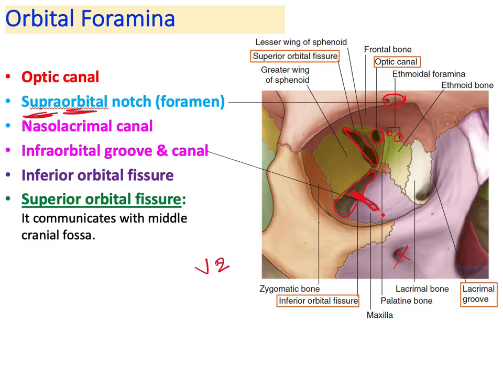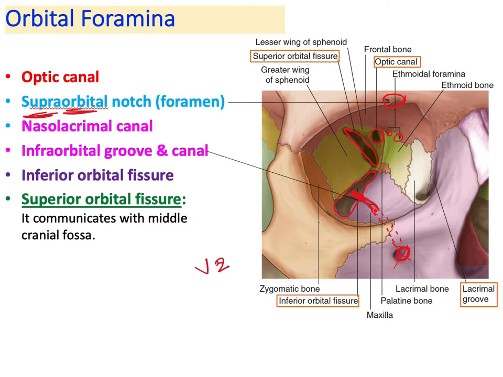Then there is a canal here all the way until it exits outside. This canal is also called the infraorbital canal. The groove continues anteriorly with the canal until it reaches the infraorbital foramen outside.